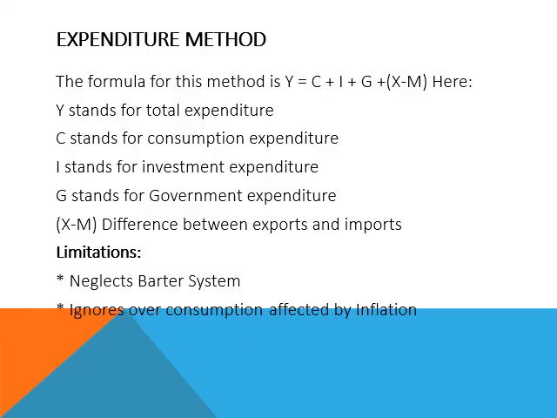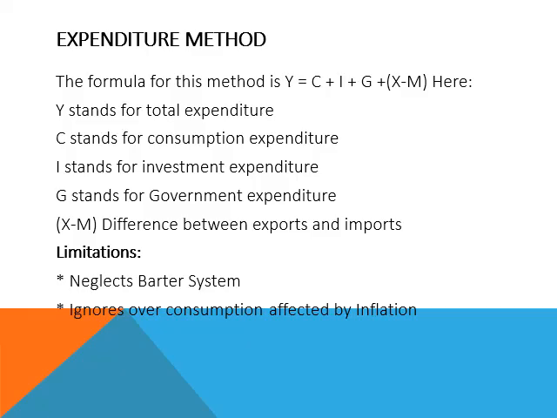C is consumption expenditure made by the household sector, investment expenditure is investment demand, and government expenditure is government demand.